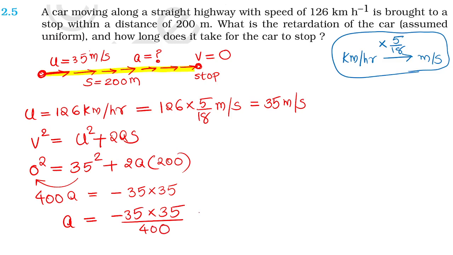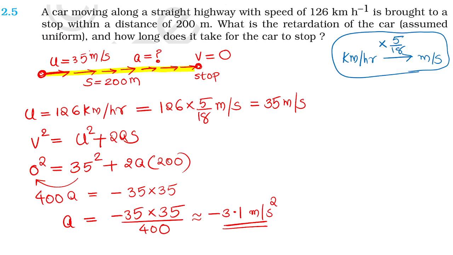I don't want to explain the calculation; if I explain all the multiplication and division, it will take time. It is approximately minus 3.1 meter per second square, which is the unit of acceleration. Acceleration having negative sign is said to be retardation. So in this case, we find A, and there will be a negative sign.